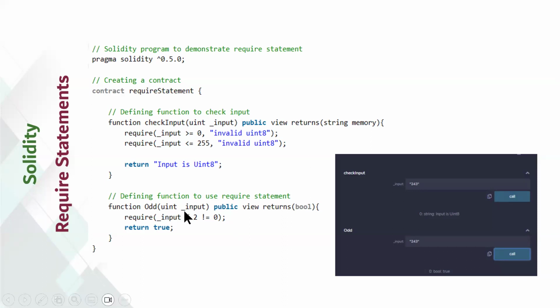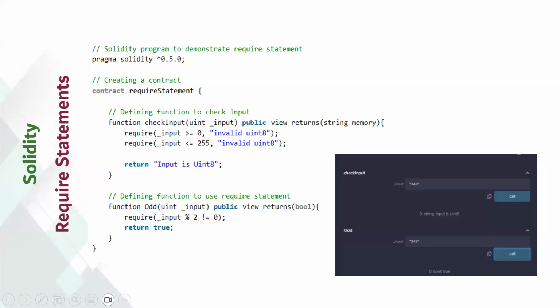Function odd. This function checks if an input is odd. It uses a require statement to ensure that input modulo 2 is not equal to 0, meaning that the remainder of dividing input by 2 is not 0, indicating that it is an odd number. If the condition fails, the transaction is reverted.